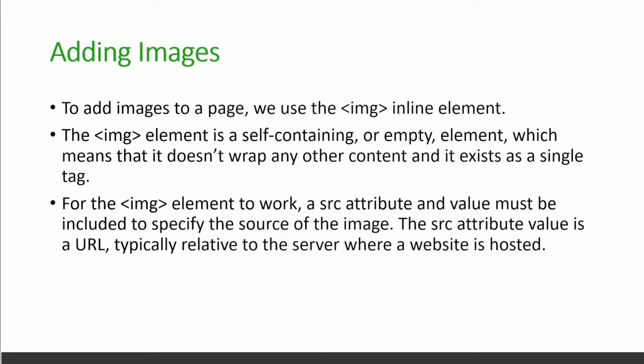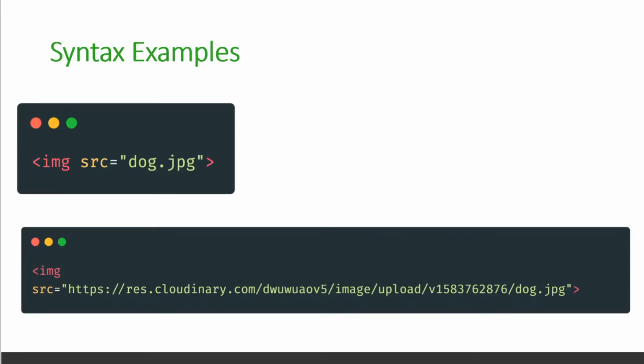So for our image element to work, what we need is an SRC or source attribute. And that source attribute must be included to specify where the image lives. This source attribute is typically going to be a URL, and they're going to look like this.